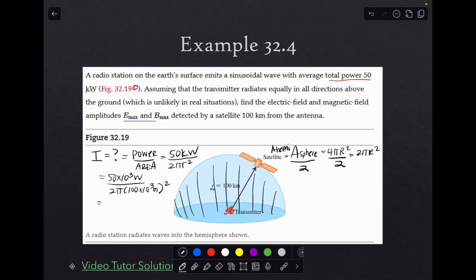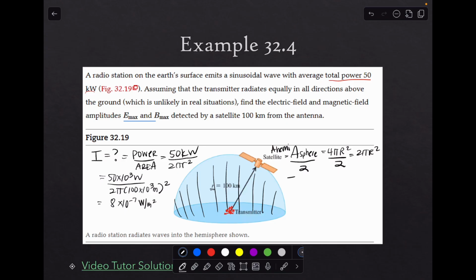And so we get an intensity of about, I'll just round it, 8 times 10 to the minus 7 watts per meter squared. Pretty small intensity, but the sensitive detectors in satellites can easily pick up something like that. And that's going to be the left-hand side of our equation.